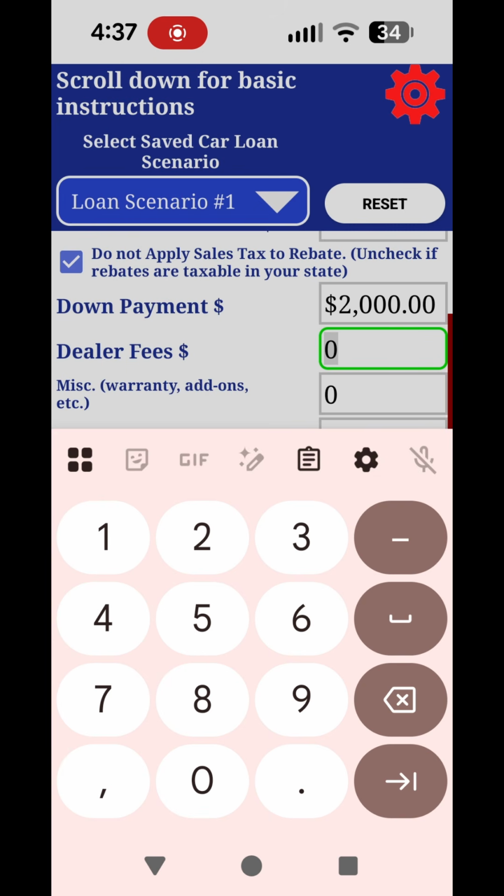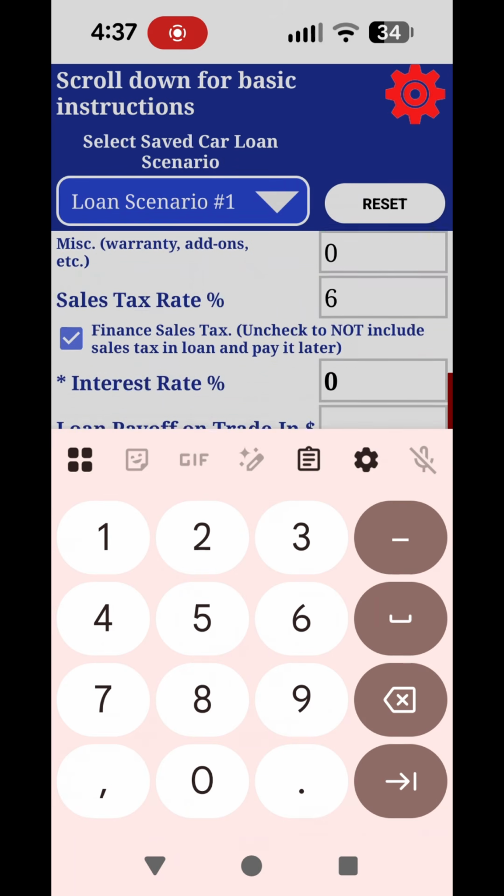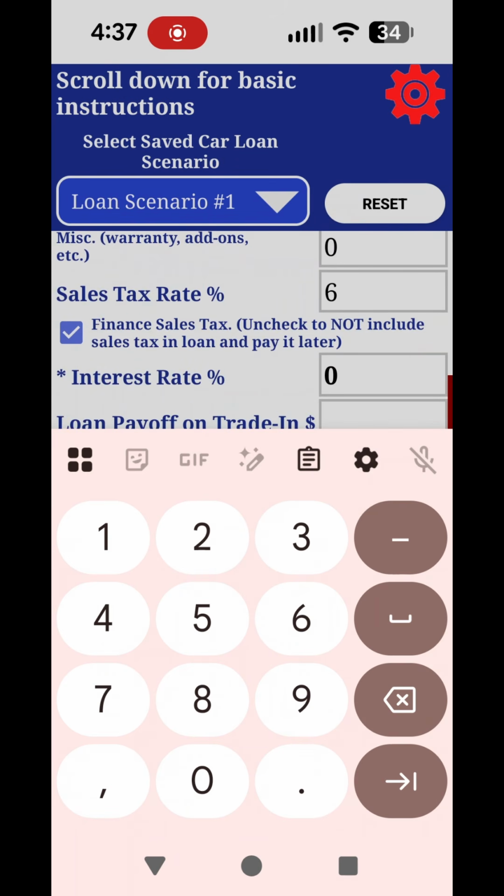We're going to use the $703 in this case, but if you were going to get gap, you would add the gap amount to the $703 because gap is not taxable in the state of Pennsylvania. Only the warranty is.